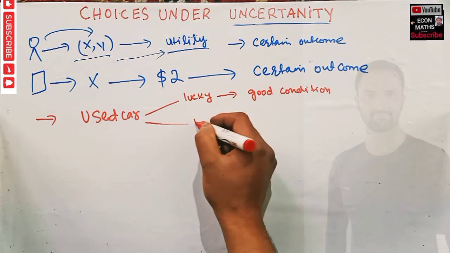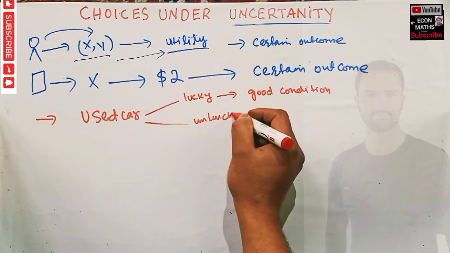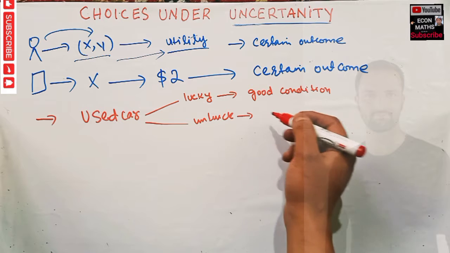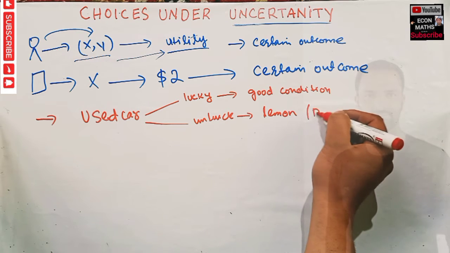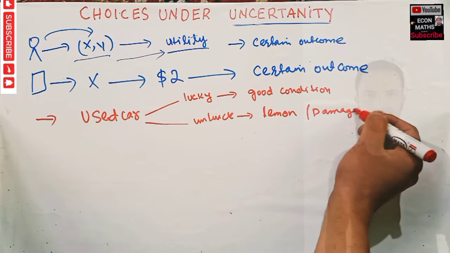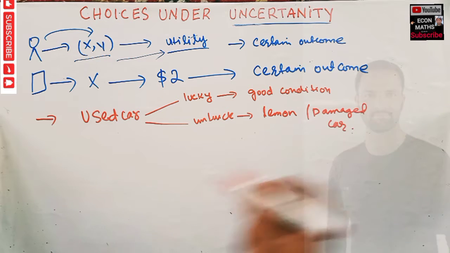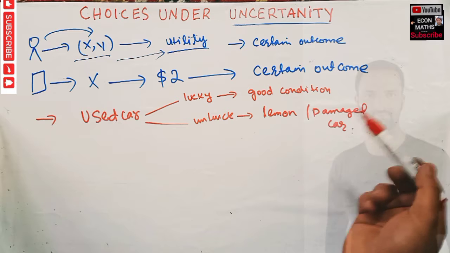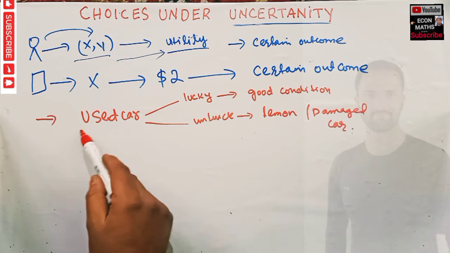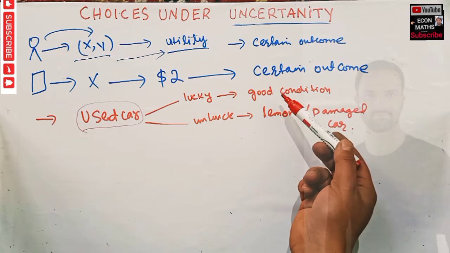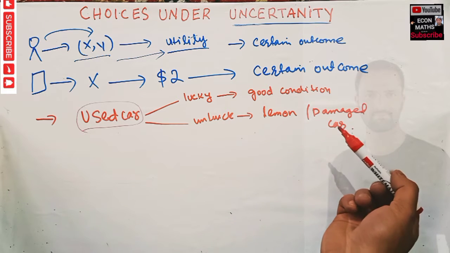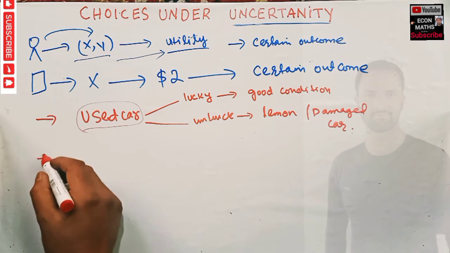If he is unlucky, the car will come out to be a lemon, what we call a damaged car. This is an uncertain situation. When the consumer is purchasing this used car, this car can be a good one or it can be a bad one.